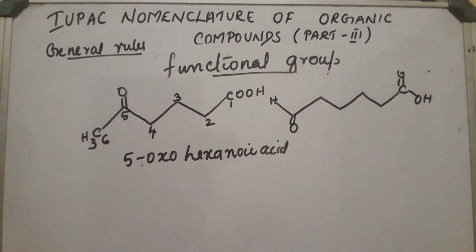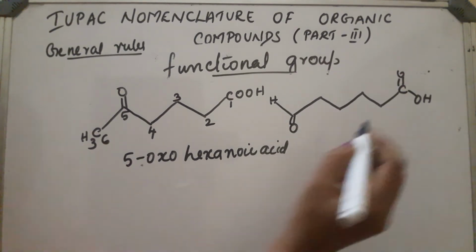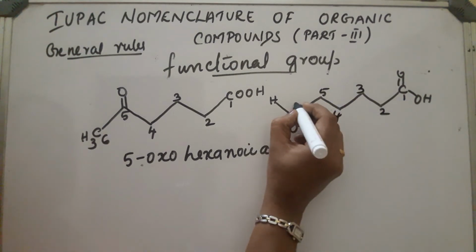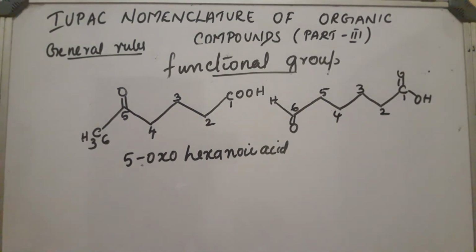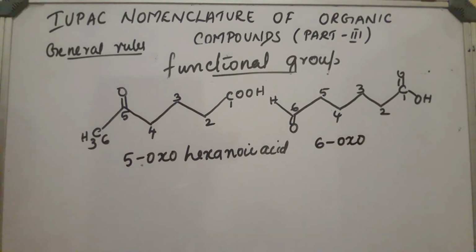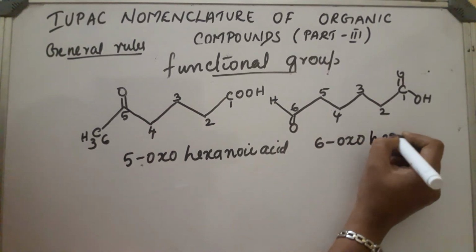In this case, the preference will be for the COOH, so we have to number from here: 1, 2, 3, 4, 5, 6. In the 6th position there is again the aldehyde group, and the prefix for the aldehyde group is oxo. We already studied that. So 6-oxo. The compound has 6 carbon atoms, so this will be 6-oxohexanoic acid.